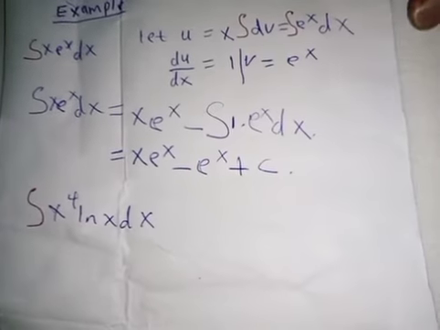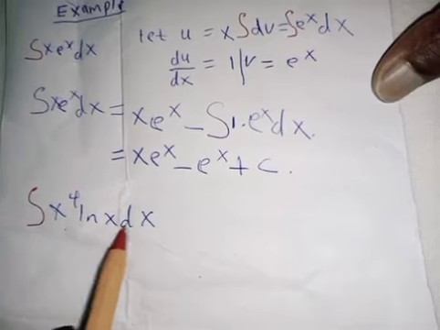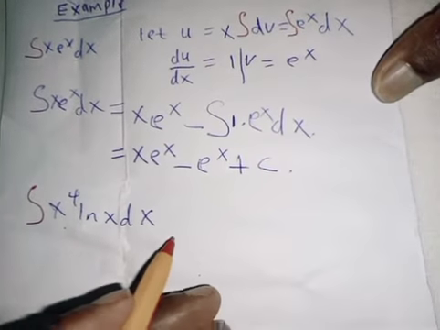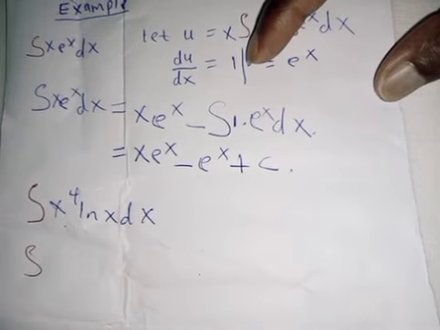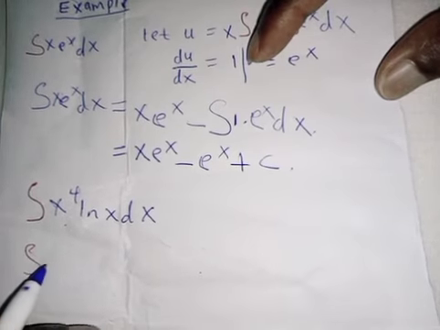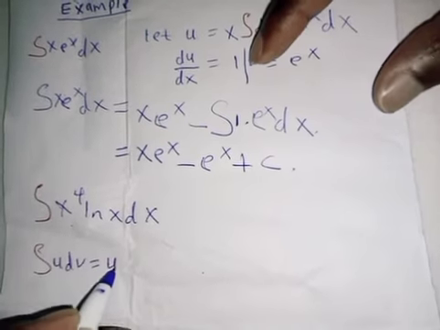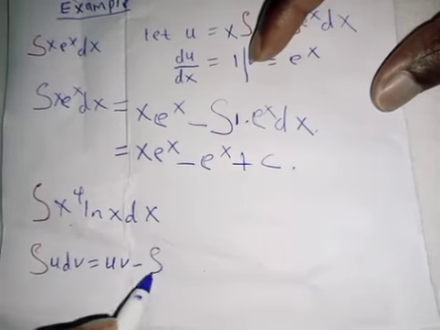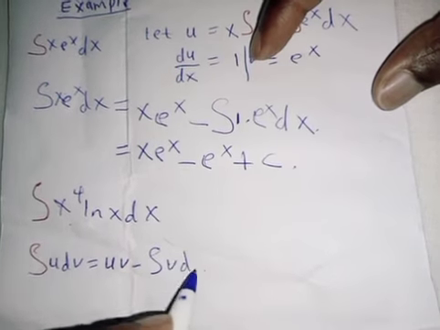That is example 1. I want to give us another example. We have this other example here, the integral of x power 4 ln x dx. Remember our formula is always the integral of u dv equal to uv minus the integral of v du.